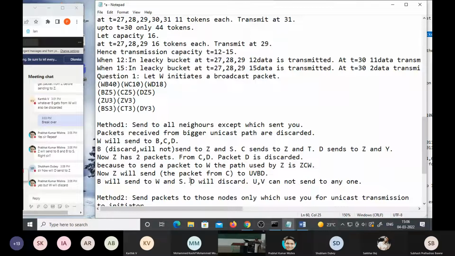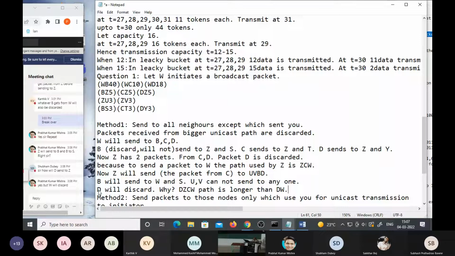Why will D discard? Because the D, Z, C, W path is longer than the D, W path.